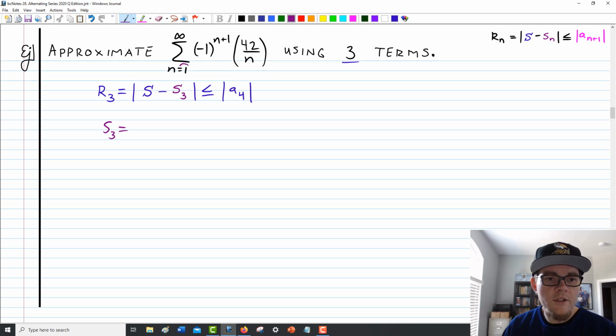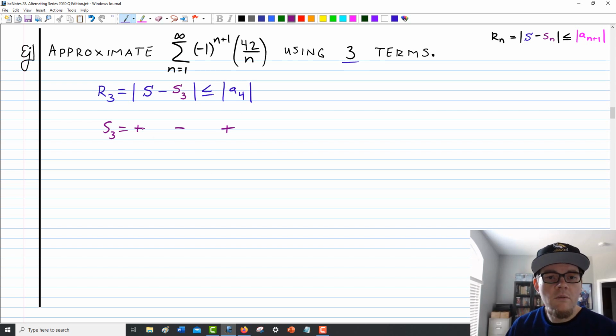Now looking at this expression, we're starting at 1. Our toggle is -1 to the n plus 1. So the first value will be -1 to the 1 plus 1, which is -1 squared, or positive 1. The reason I bring that up is now that I've seen that, I know my first term will be positive, my second term will be negative, and my third term will be positive. It's just a way to get rid of that sign issue that might otherwise kind of mess us up.